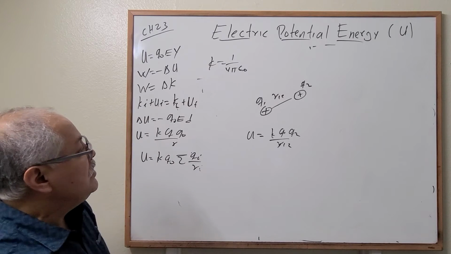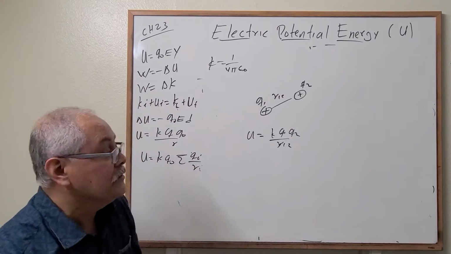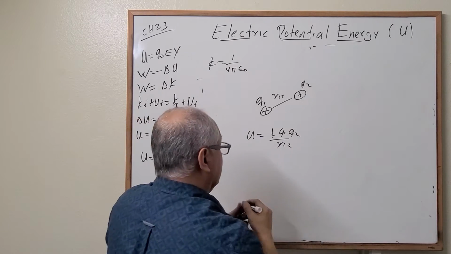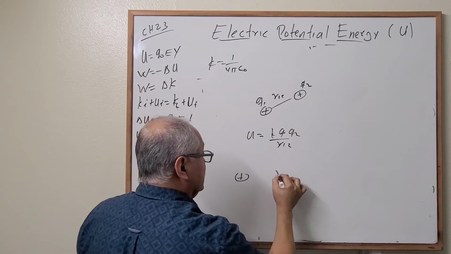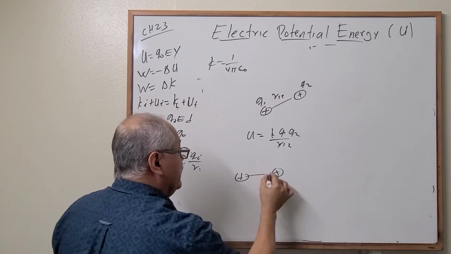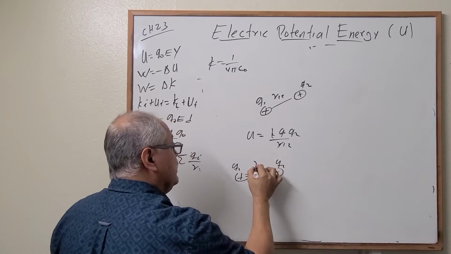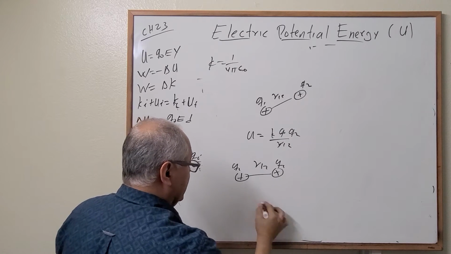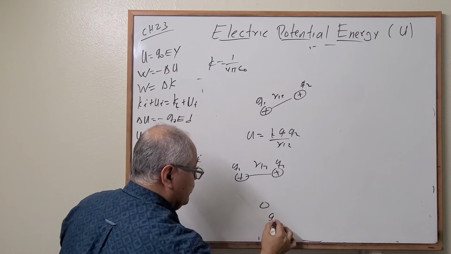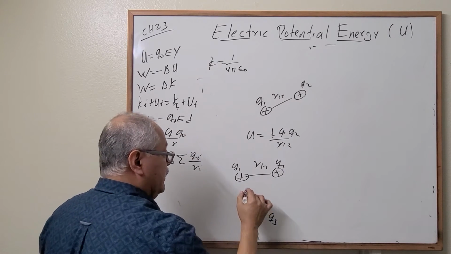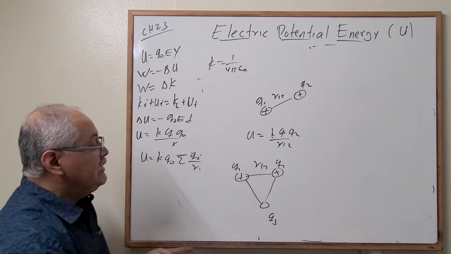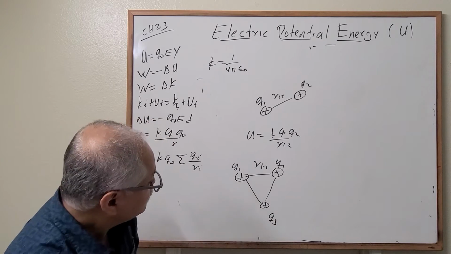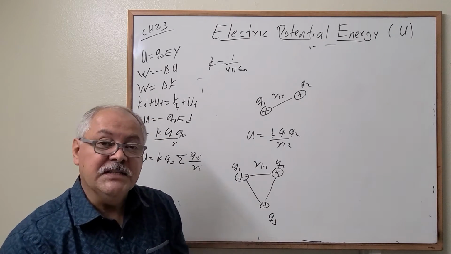What about if we now have 3 particles? Let's bring another particle from infinity and place it here. At the beginning, these are the first 2. This is Q1, this is Q2, this is R12. Let's place it right here, and call this Q3. Now let's find the potential energy of the system.